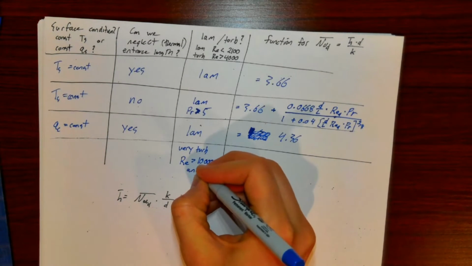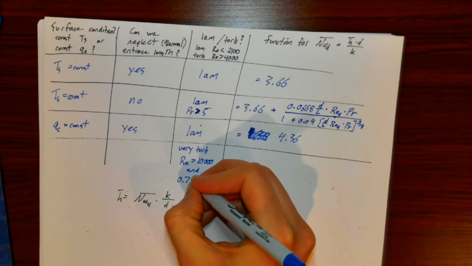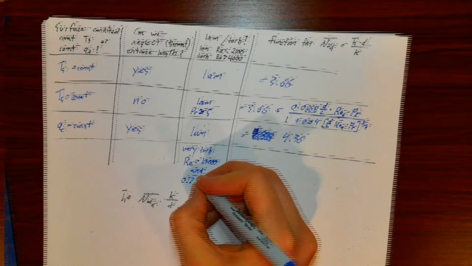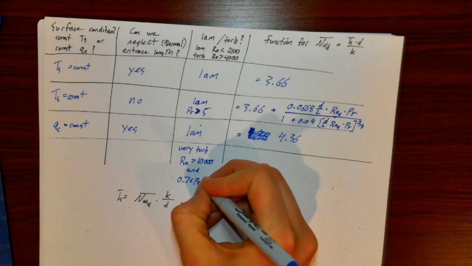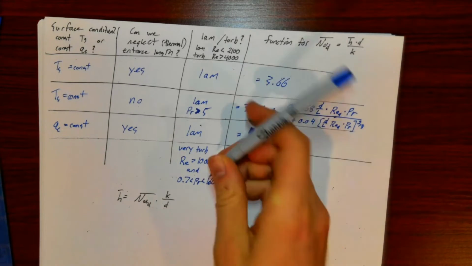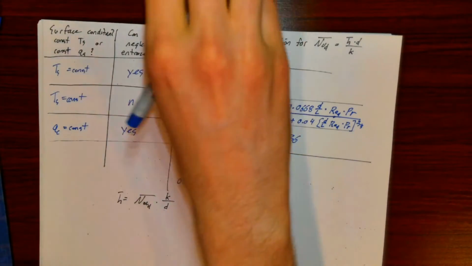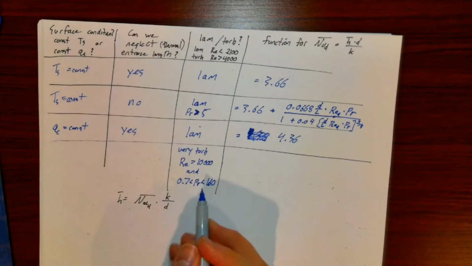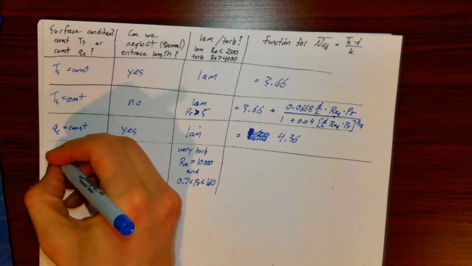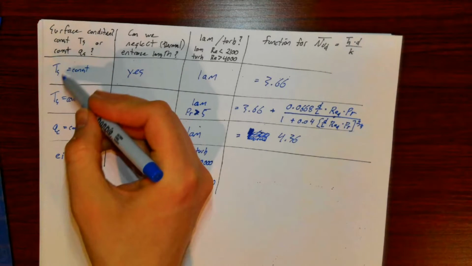And there's also a restriction on Prandtl number. Prandtl number needs to be greater than 0.7, but also less than 160. So some restrictions on the use of this one. And it turns out that this formula actually works for either constant surface heat flux or constant surface temperature.